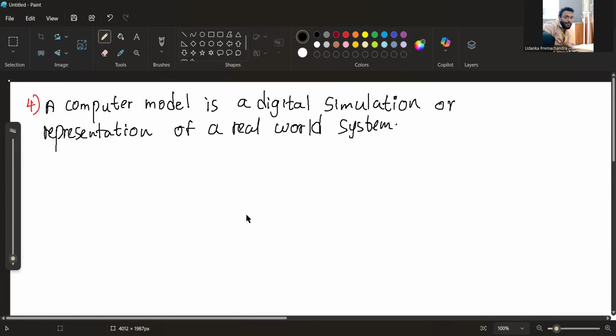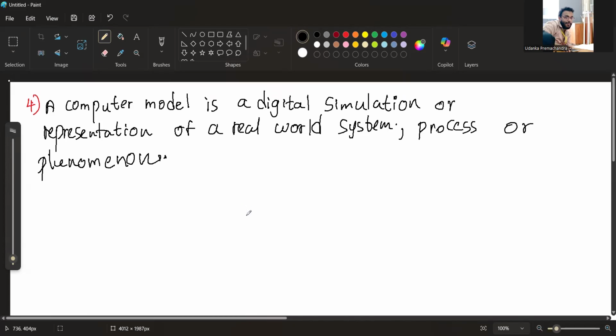It can be a process or a phenomenon. It is used for mathematical formulas, algorithms, data, physics.